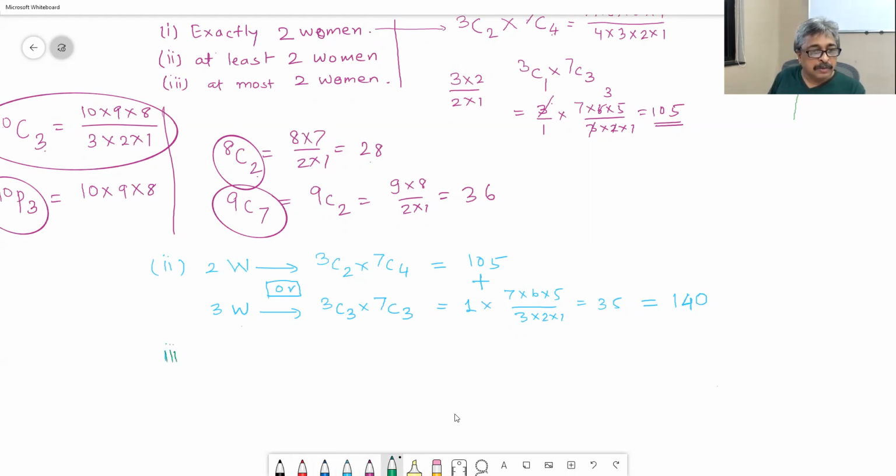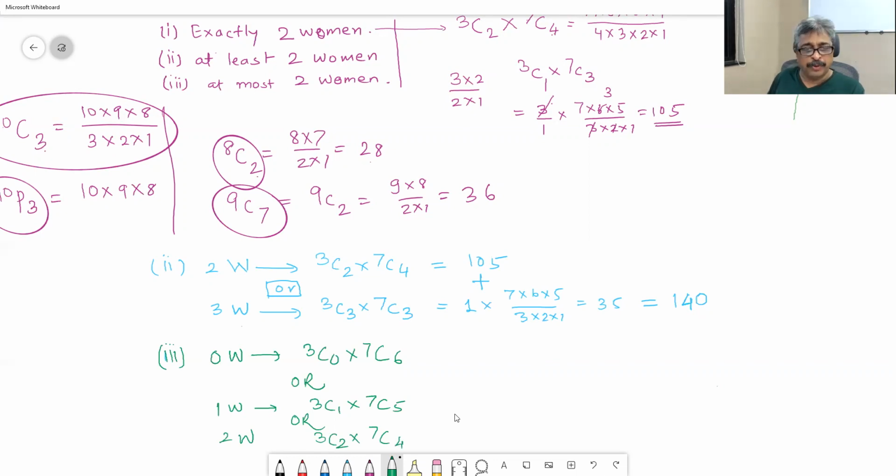Third answer. Case 1. At most 2 women, so 0 women makes it 3 choose 0 into 7 choose 6. Or 1 woman, 3 choose 1 into 7 choose 5. Or 2 women, 3 choose 2 into 7 choose 4.